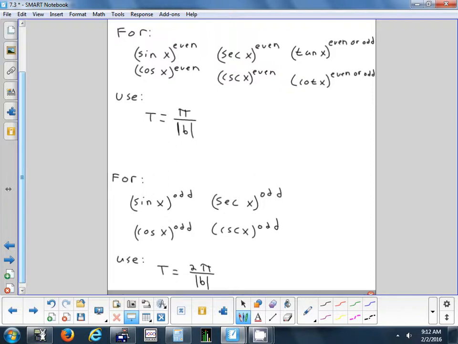And I put b in absolute values. Most of the time we're not going to have negative b anyway. But remember, the period is a length, so we wouldn't want to think about length as being negative. Period is the length before it starts to repeat itself.